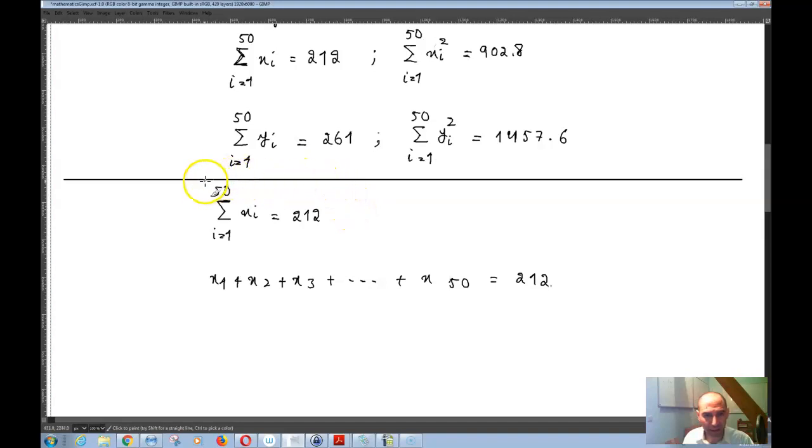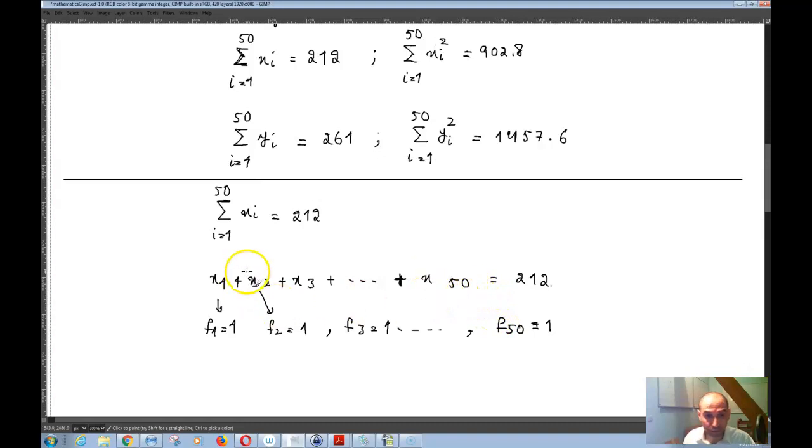You can imagine that the frequency of each of these x of i's was equal to 1, meaning that over here you can say that f of 1 is equal to 1, and f of 2 is equal to 1, and f of 3 is equal to 1, and so on and so forth, all the way up to f of 50 is equal to 1.